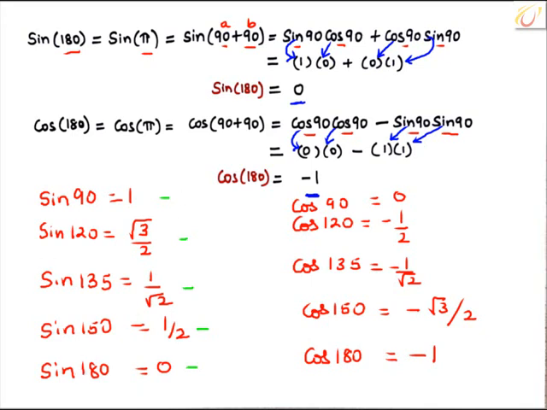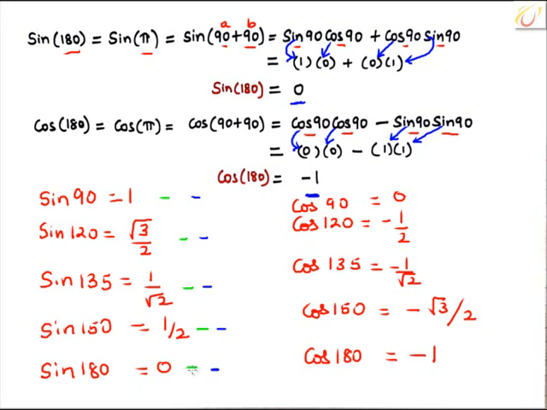Now when we go from 90 to 180, sin 90 is 1, sin 120 is root 3 by 2, sin 135 is 1 upon root 2, sin 150 is half, sin 180 is 0.